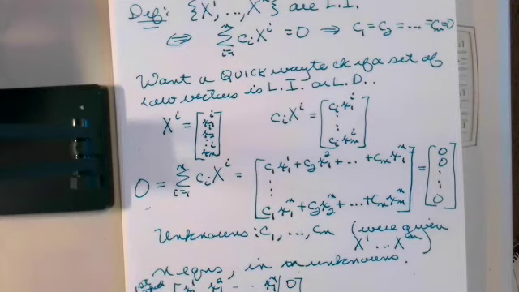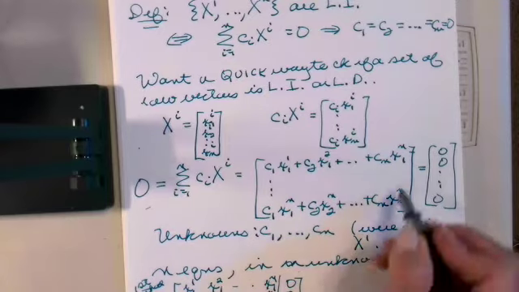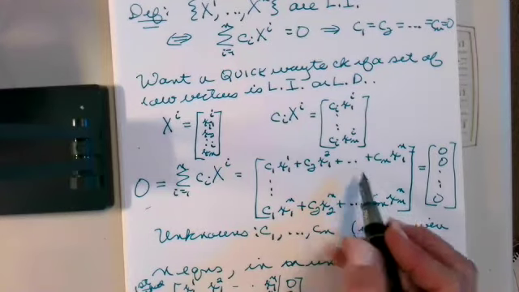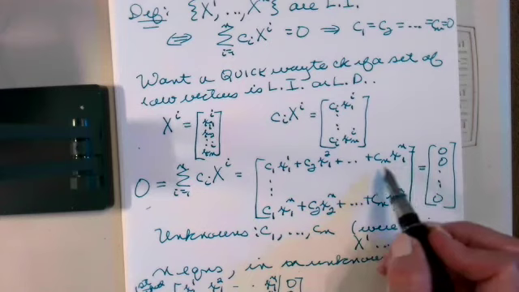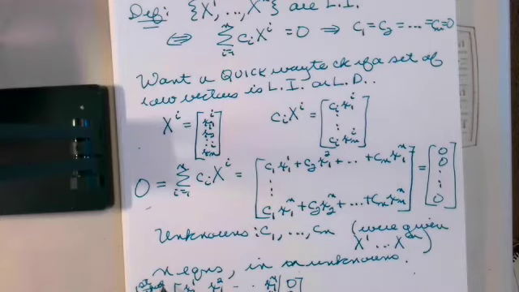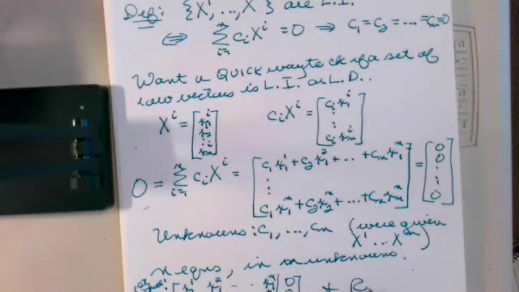In the next row, we would have x^1_2, x^2_2, all the way up to x^n_2, and that's equal to 0. And you keep going, and your last row is x^1_n, x^2_n, up to x^n_n, and that equals 0. That's how you would write this system of equations. So that's n equations, and we use our old method and row reduce.